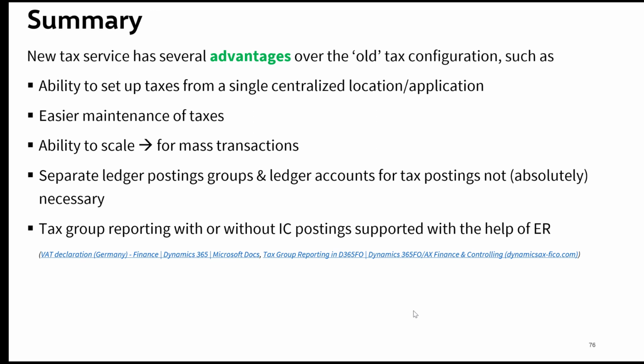And then, of course, we can also use these functionalities for tax group reporting. If you have a couple of companies that have to submit a consolidated VAT report, we can do that either with ledger postings or without. If you do not need vouchers, then you can follow what is described here on Microsoft Docs.